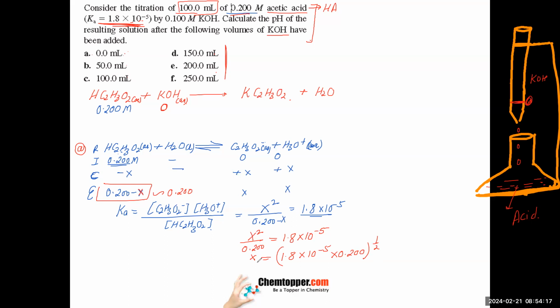I hope everybody knows why I'm making the ICE table. Why am I using the ICE table for the A part? To know the pH. You see, I started making the ICE table for the A part. Why?